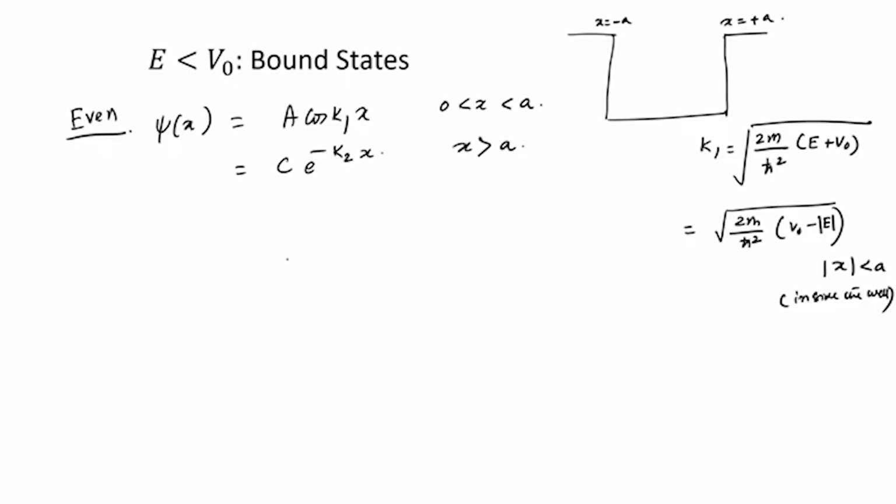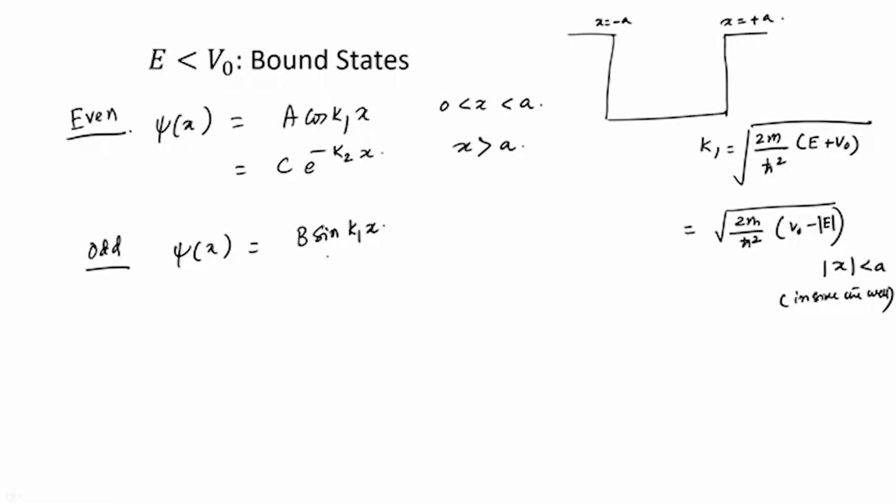And then this odd solution would look like psi of x is equal to b sine k 1 x. In the sense that what I meant to say by even and odd is that if x changes to minus x, cosine does not change its value. Cosine is an even function.